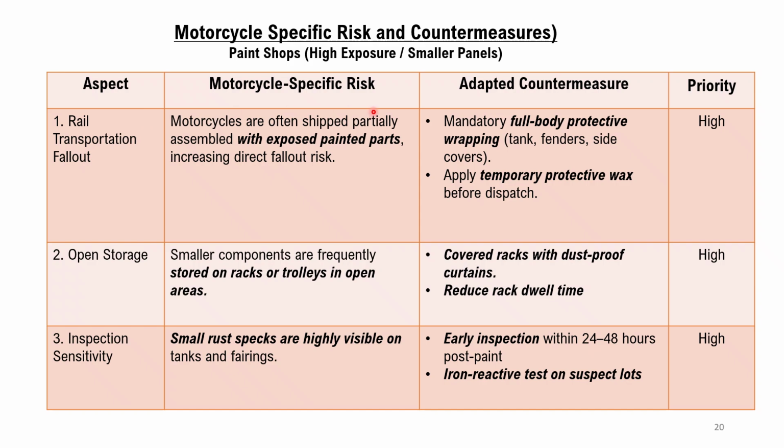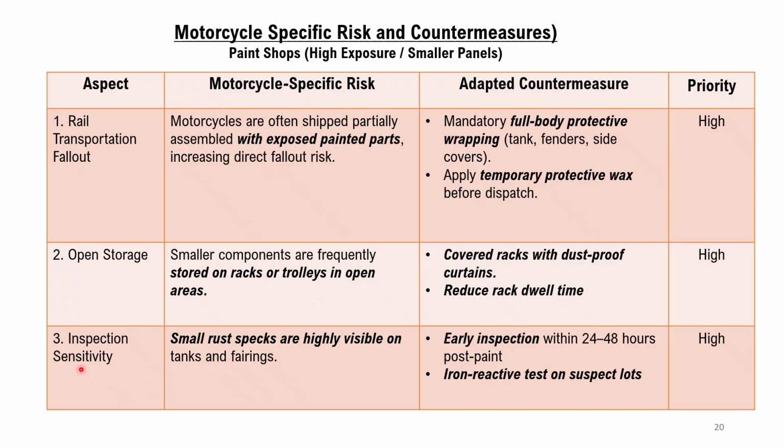The adopted countermeasure could be mandatory full body protective wrapping, especially tank, fender, and side cover, etc. Apply temporary protective wax before dispatch. In case of open storage, small components of motorcycles and scooters are frequently stored on racks or trolleys in open areas. Therefore, covered racks with dust-proof curtains reduce rack dwell time.